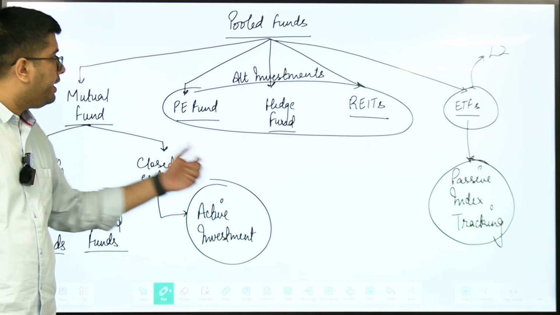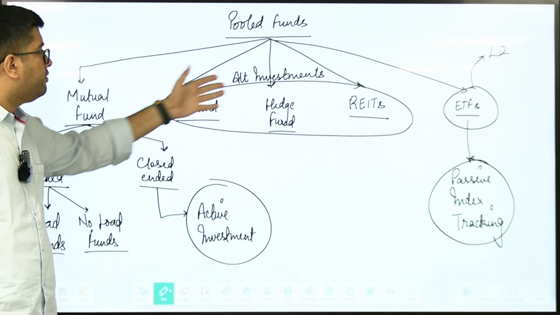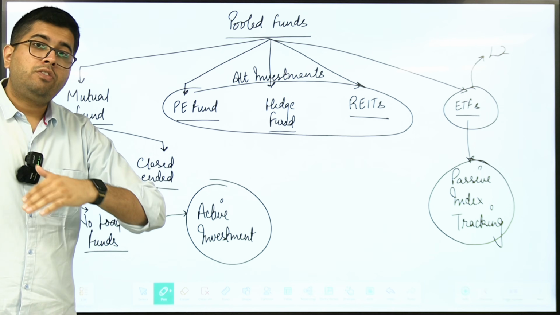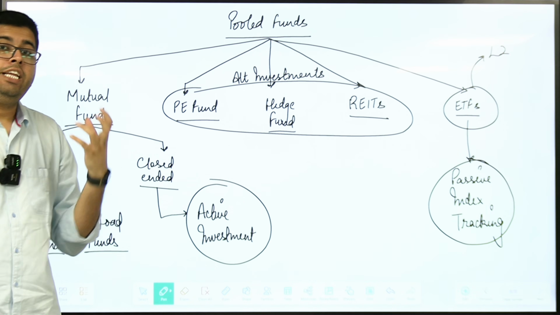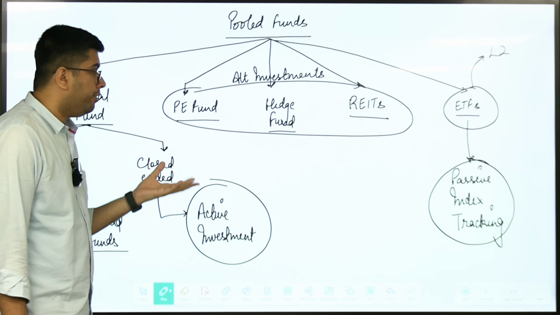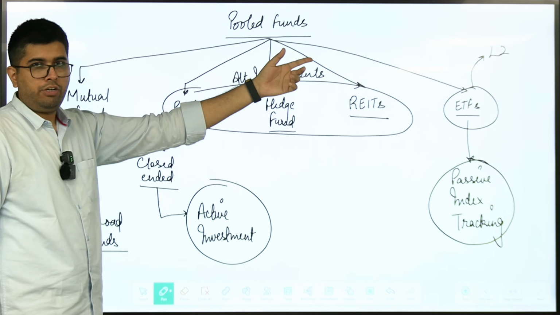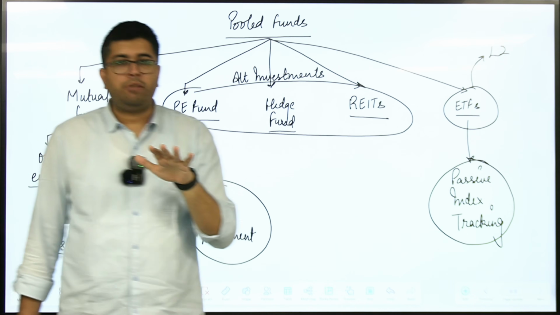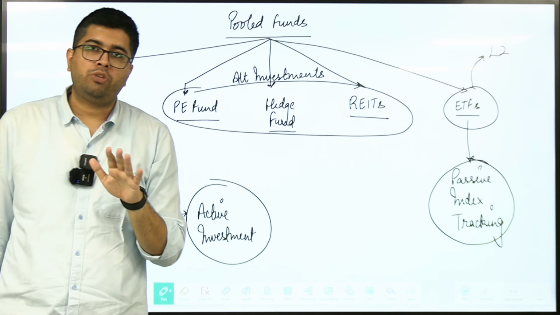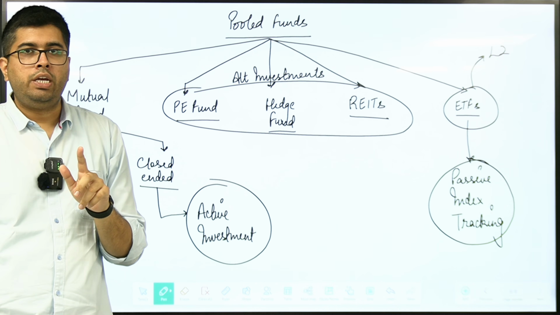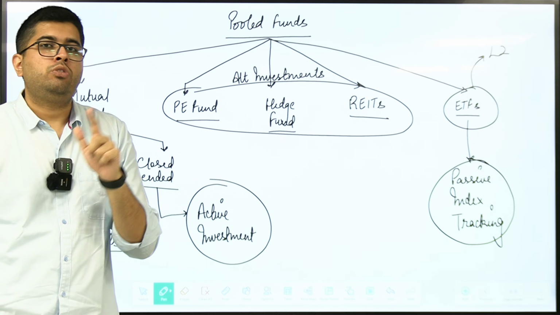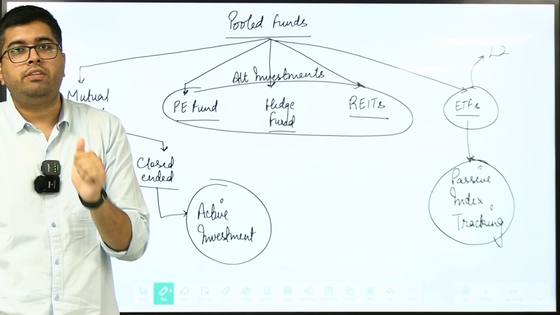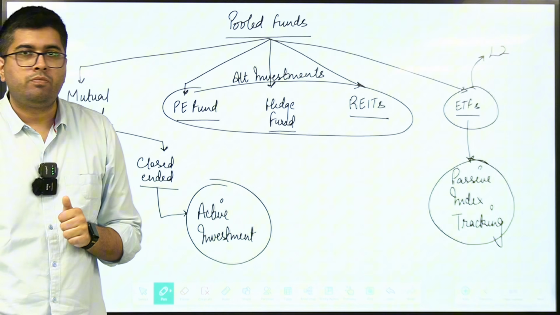So this is one key thing that segregates closed-ended funds with ETFs. There is a very big difference in terms of the legal structure, how they are created. That is what you study at level 2. So we can't get into that discussion at the moment. So for your level 1 syllabus, ETFs and closed-ended mutual funds, the difference you have to remember is that closed-ended mutual funds are mostly active, while ETFs are passive index tracking funds.